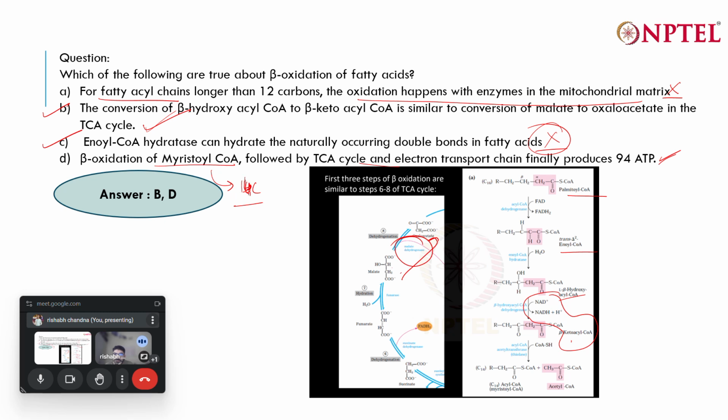So that means it will take 6 cycles to convert this 14 carbon to 7 acetyl coenzyme A. From one myristoyl coenzyme A, we'll get 6 NADH molecules, 6 FADH2 molecules, and 7 acetyl coenzyme A.